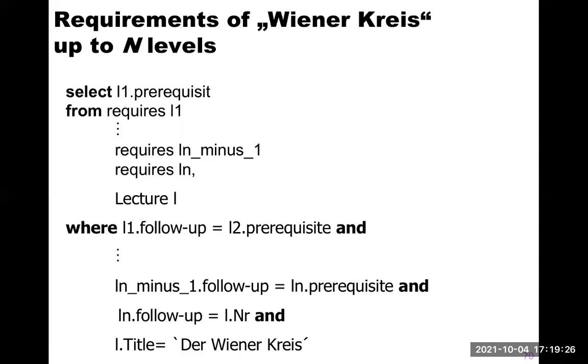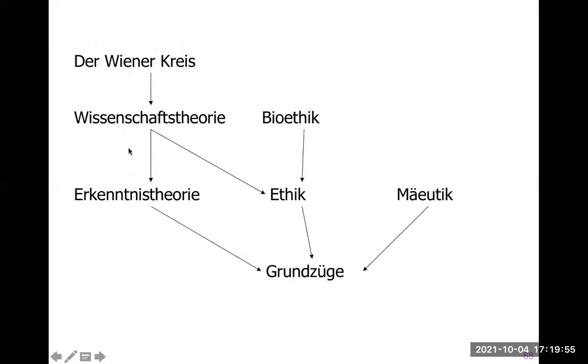If I want to go for requirements of Wiener Kreis up to some levels, I need to use requires first and second and third and multiple times, and stack these conditions. L1 follow-up is a prerequisite from L2, L2 follow-up is a prerequisite from L3, and so on. And the last follow-up is equal to the number of the lecture, and the lecture is this. That allows me to go by this tree to n steps: first step, second step, third step, and so on.